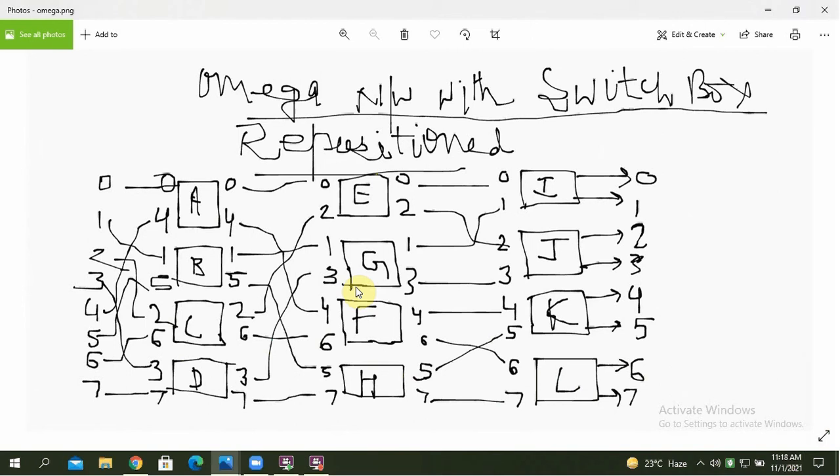Suppose we wish to establish the input-output connection 0 to 5 and 1 to 7. The omega network can perform this task, whereas the n-cube network cannot. On the other hand, the n-cube network can connect 5 to 0 and 7 to 1, but the omega network cannot.